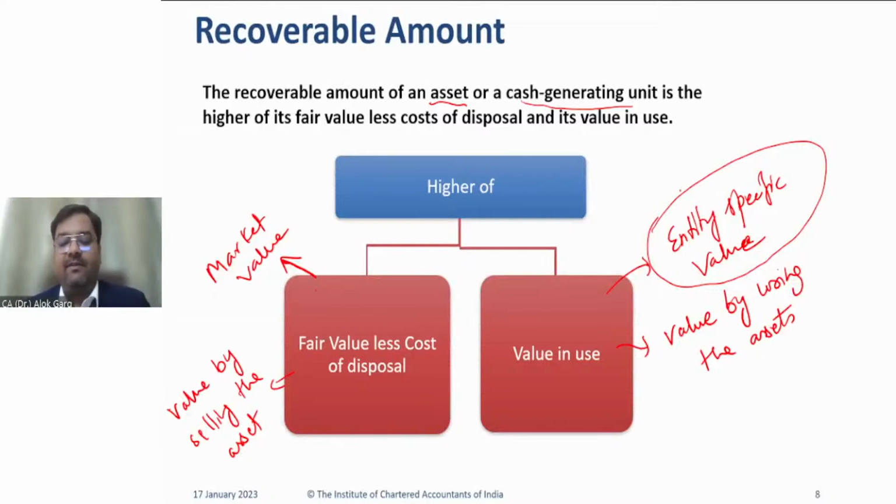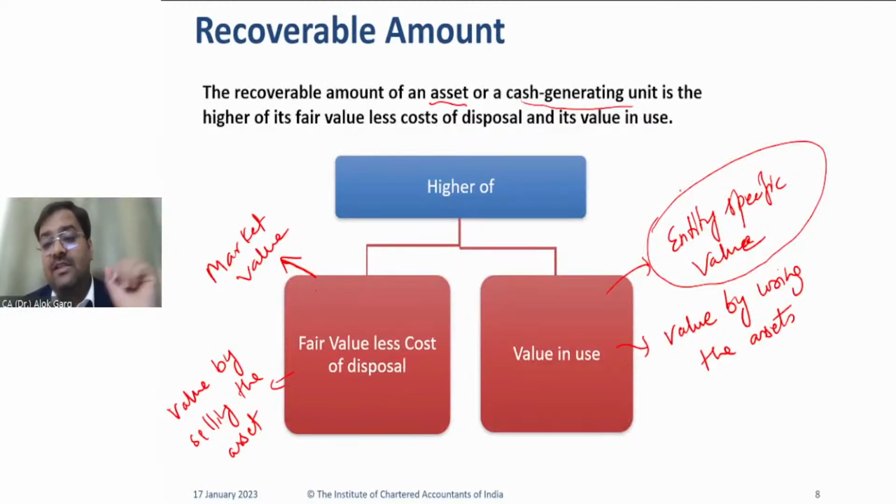Why entity specific value? I will take a classic example of CA only. You guys are working in a CA firm. There is a chartered accountant who is charging, let's say, 1,000 rupees for GST return filing, and there are chartered accountants who are charging 10,000 rupees for the GST return filing. The work is same, the department is same, the compliance is same, the provisions are same.